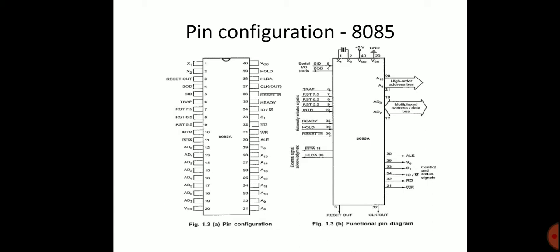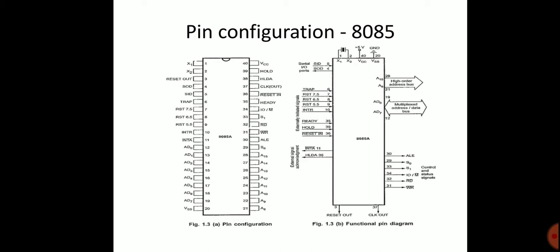This means the lower half of the address must be latched in T1 of the machine cycle, so that it is available throughout the machine cycle. The latching of the lower half of the address bus is done by using an external latch and the address latch enable signal from 8085.